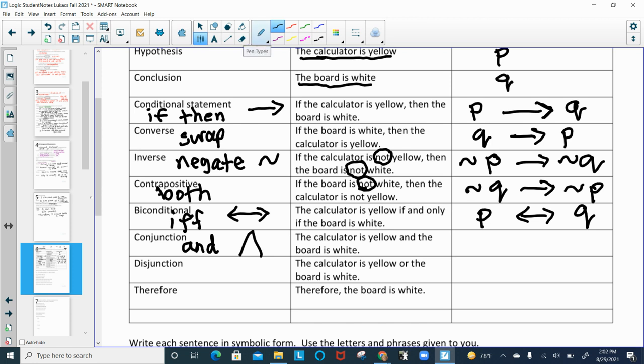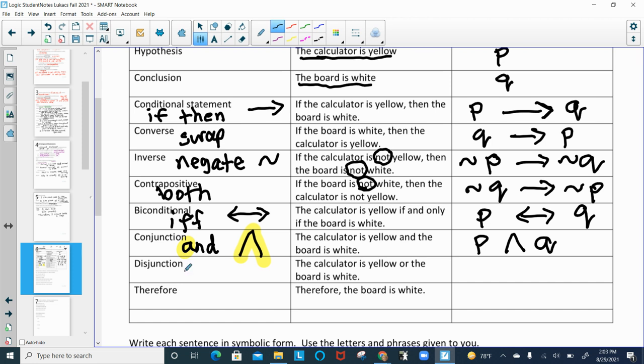Well, let me grab a highlighter. And starts with A, and the symbol looks like A. So that's one way you can remember the symbol for conjunction. Now we are not going to have any arrows in here because this is not an if-then statement. We're going to say the calculator is yellow and the board is white.